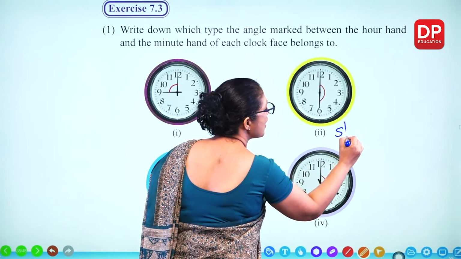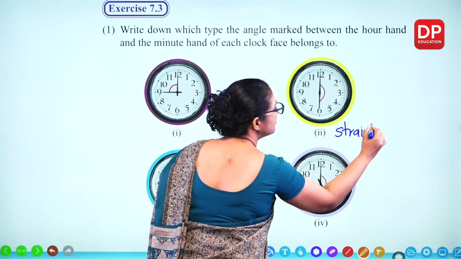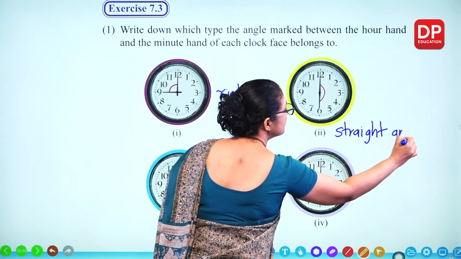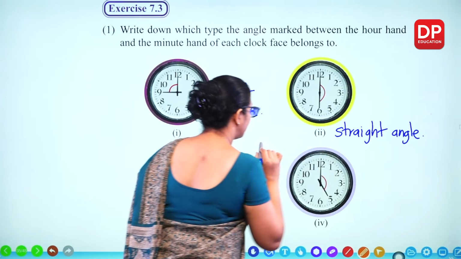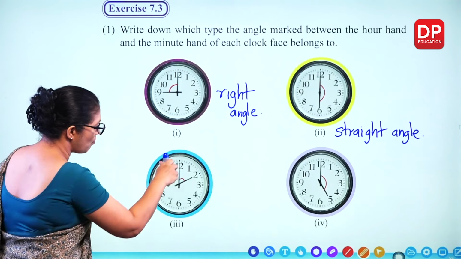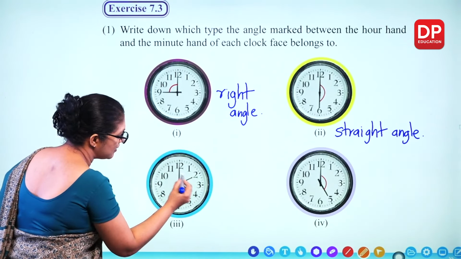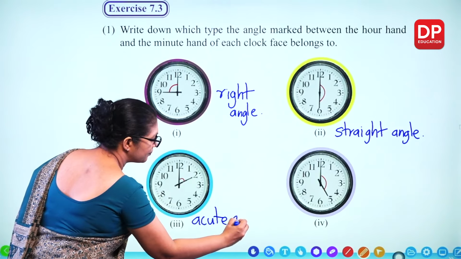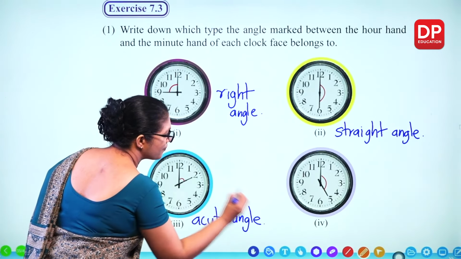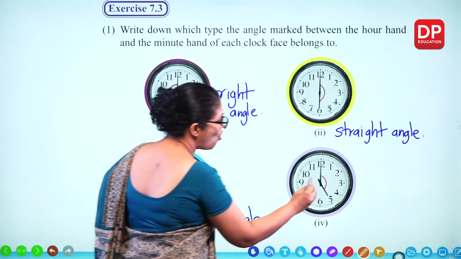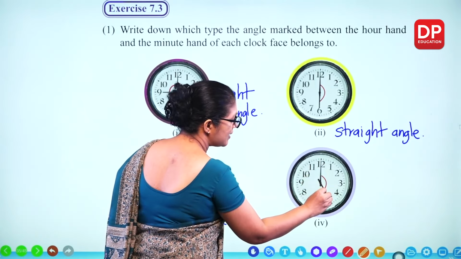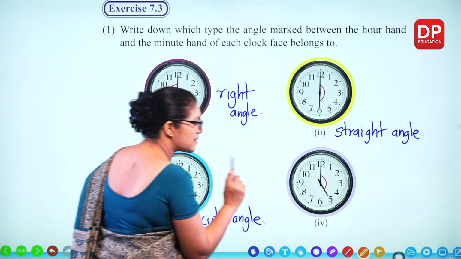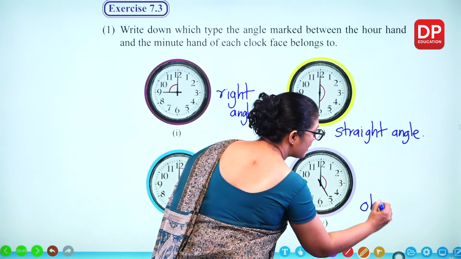So that's a straight angle. This one is smaller than a right angle. What do you call that? Acute. And this one is more than a right angle and less than 2 right angles. Obtuse angle.